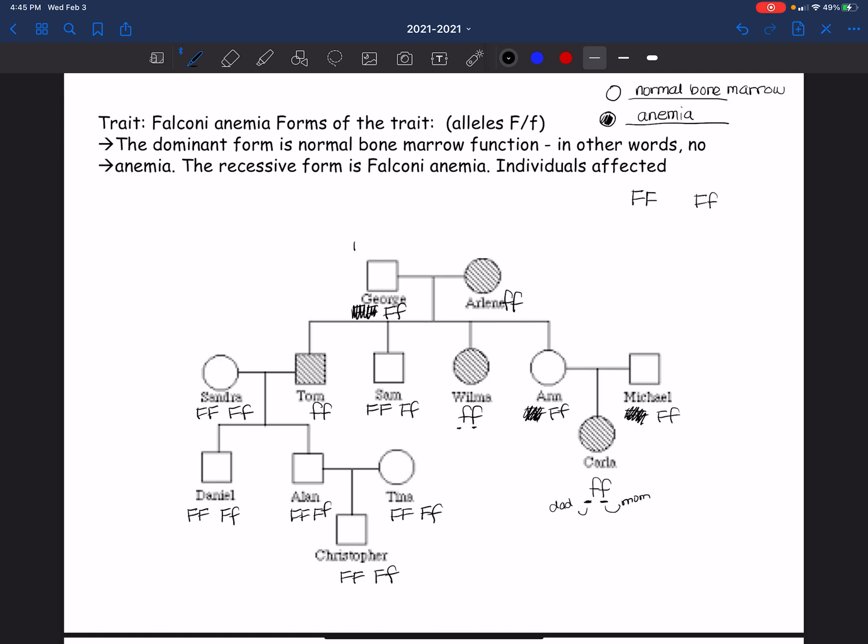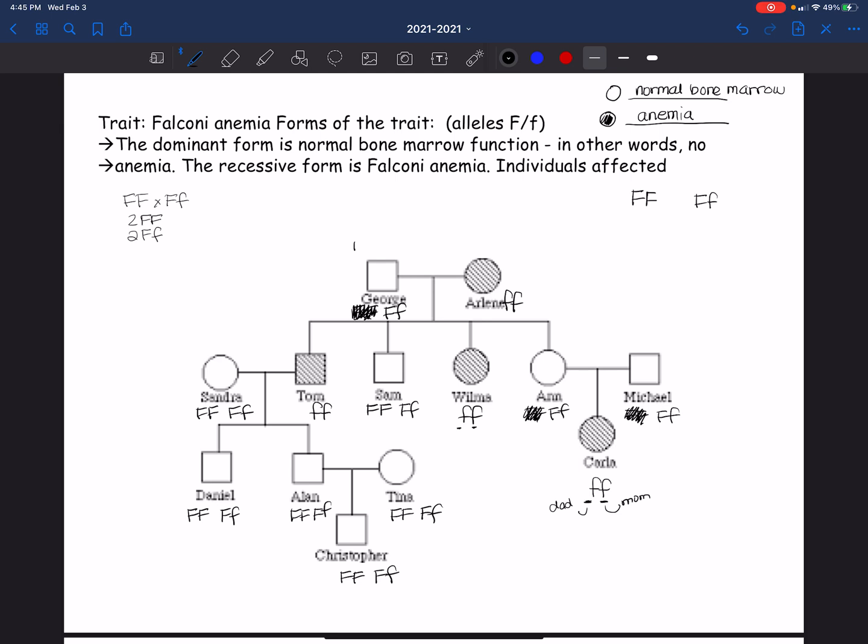And if you wanted to check that and make sure, you could do the Punnett square of big F crossed with big F little f. And if you did that Punnett square, you would see that you would have 2 possibilities being big F, and 2 possibilities being big F, little f. So it's impossible for them to have a child with 2 little f's. So he cannot be big F.